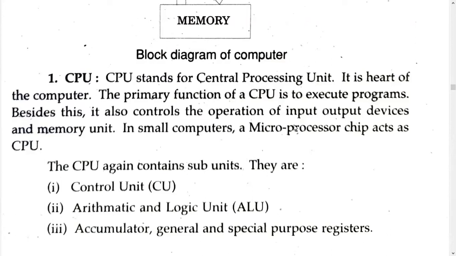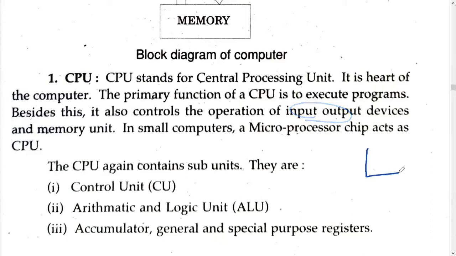The primary function of a CPU is to execute programs, that is, whatever is given in the keyboard or a mouse or any input device. We have digital pens, etc. Besides it, it also controls the operation of input and output devices.